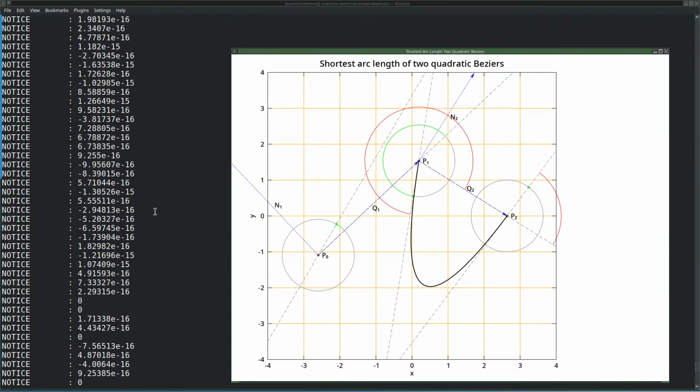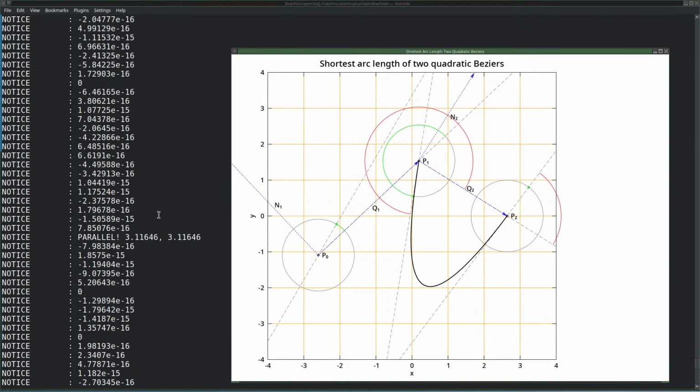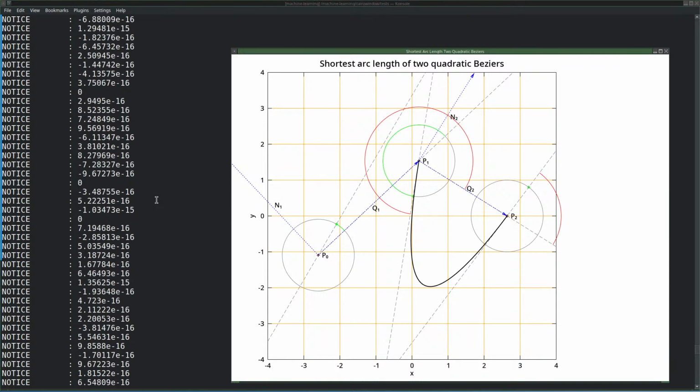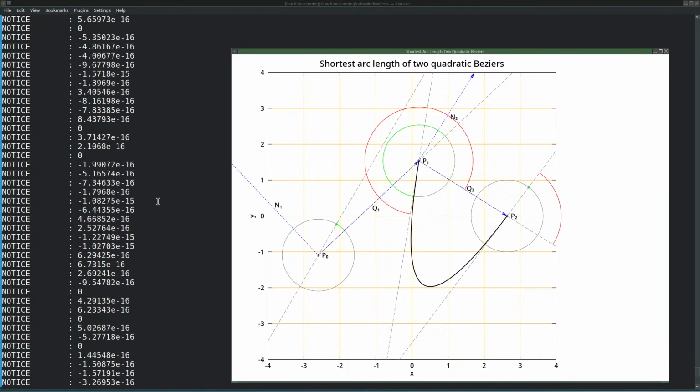Seems that in all cases it's less than 10 to the power minus 14 from the looks of it. Let's add an assert for that.